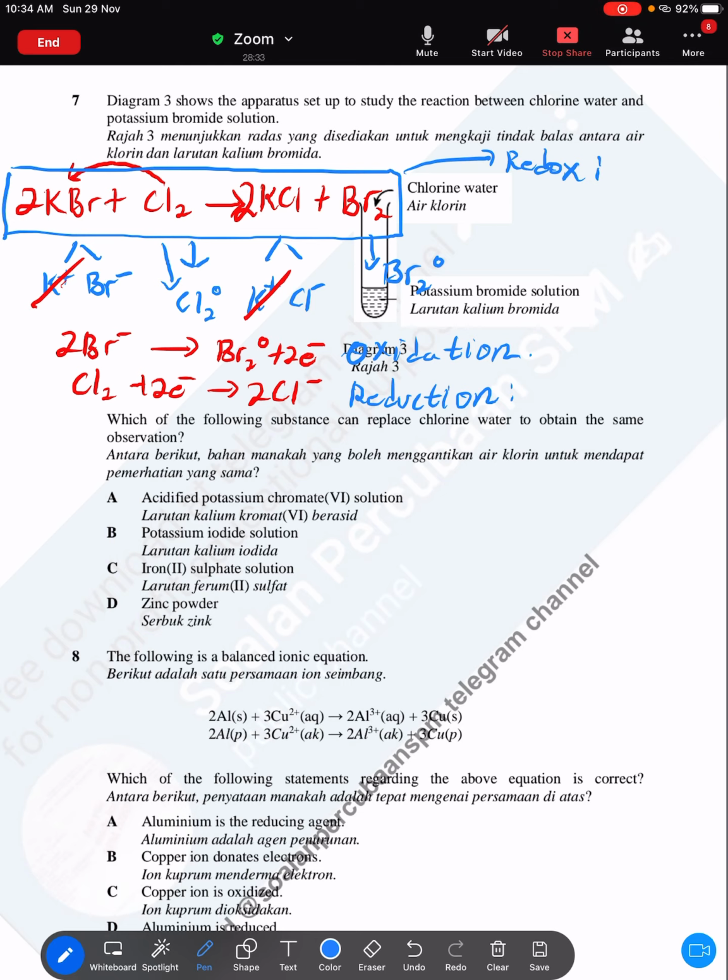So, now look at the question. Which of the following substances can replace chlorine water to obtain the same observation? So you need to identify, at the bottom, which one undergoes a reduction reaction. Which one?